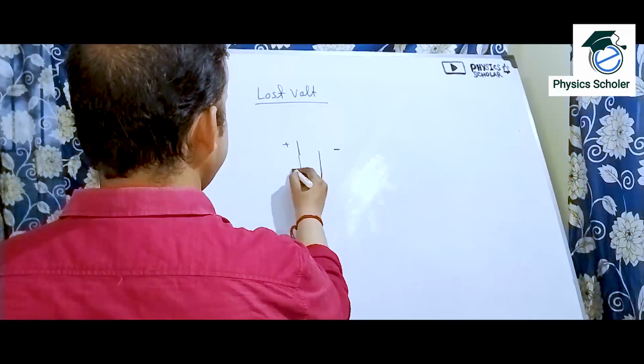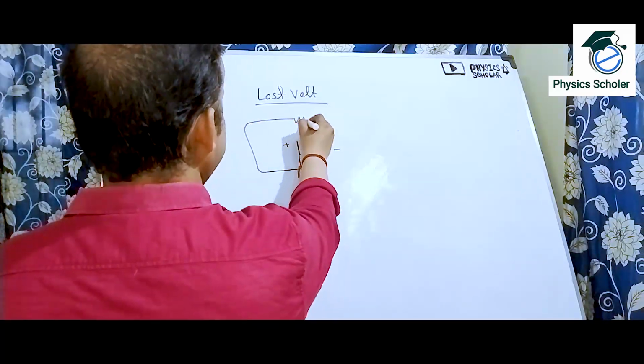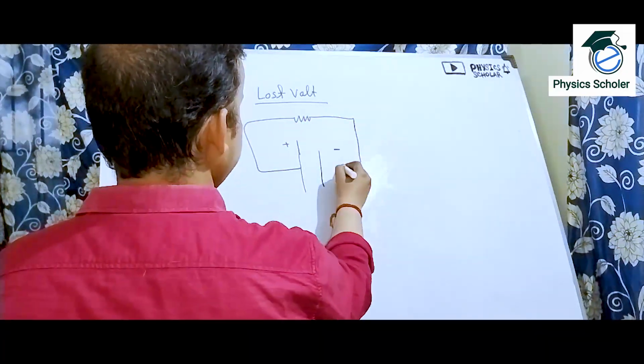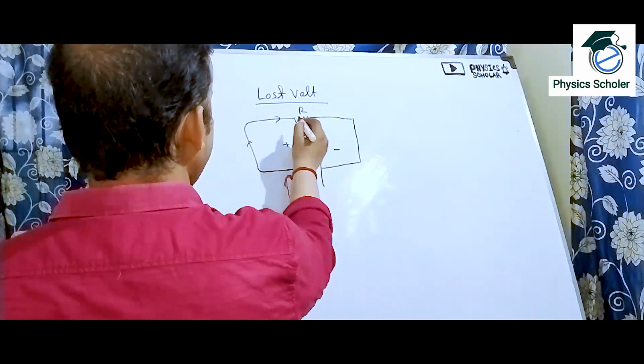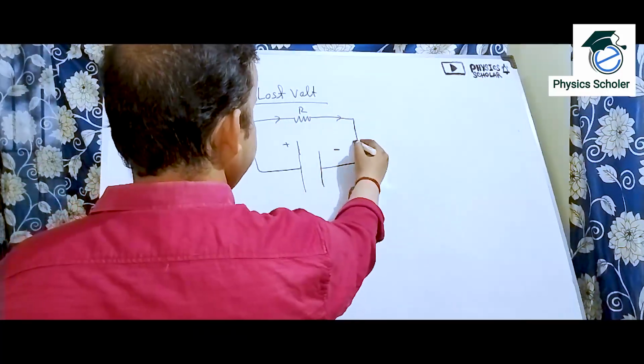So if we connect it with a very minimum resistance, then what will happen? The current will flow from the positive to the negative terminal.